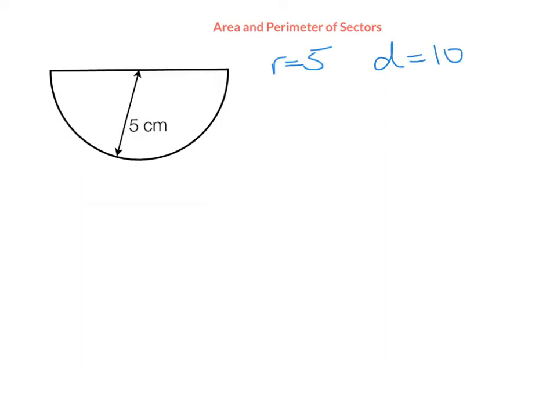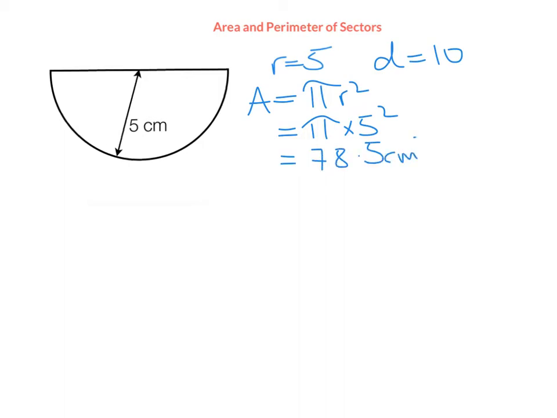So I'm going to start off by finding the area first of all, because the area is the easier one of the two. So I'm going to say from yesterday, A equals pi r squared, which is pi times 5 squared. Whenever I put that in the calculator, it gives me a value of 78.5 centimeters squared.